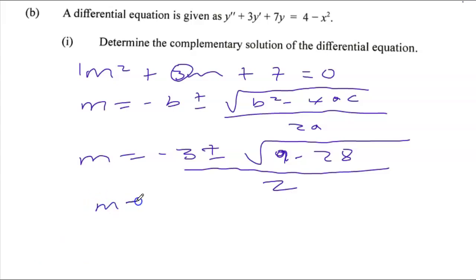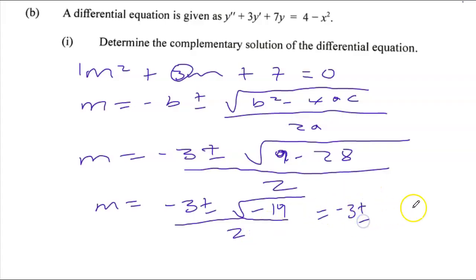So this becomes minus 3 plus or minus, well, 9 minus 28, that's negative 19, that's the square root of negative 19 over 2. Rewrite square root of negative 19 as square root of 19 times square root of negative 1, and of course the square root of negative 1 is i.